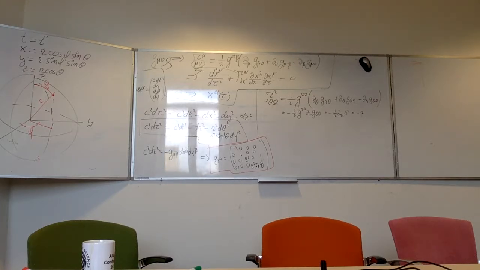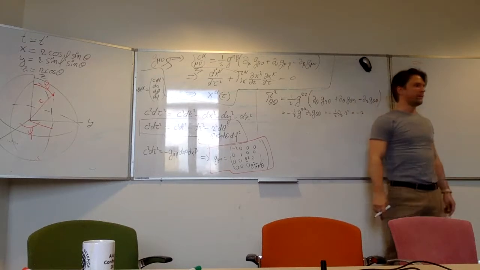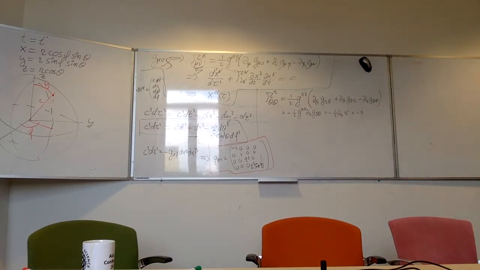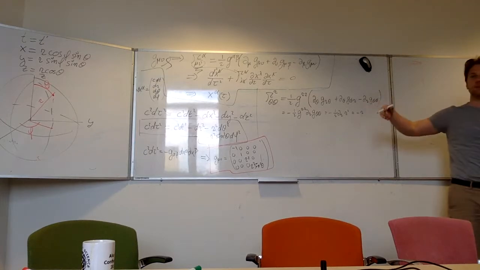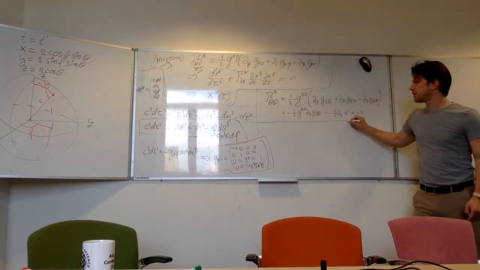Now this was a sort of an easy exercise because I just told you that Christoffel symbol r theta theta was non-zero. Let's do it the other way around. Let's suppose that we have no idea which ones are zero and calculate one or two of them. This is a somewhat more difficult problem. If I already tell you which ones are not zero, it's just a matter of plugging in the numbers and checking what comes out. Let's do it the other way, just as a little bit of practice.